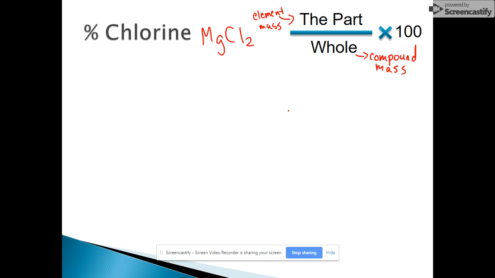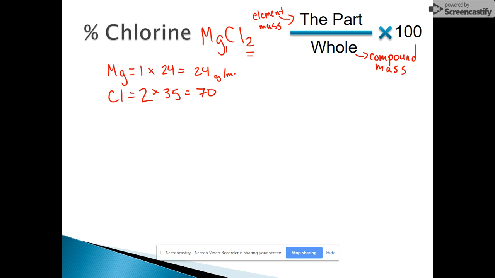So first, we need to find the molar mass of the entire compound. Just like in our last lesson, we list our elements, magnesium and chlorine. We have 1 magnesium and 2 chlorines, again, given by the subscripts. We go to our periodic table to see that magnesium has a mass of 24.305, which we can round to 24, and chlorine has a mass of 35.45, which we can round to 35. 1 times 24 gives us 24. 2 times 35 gives us 70.